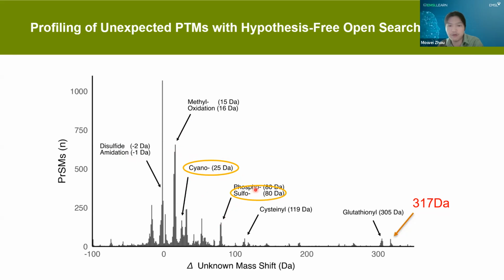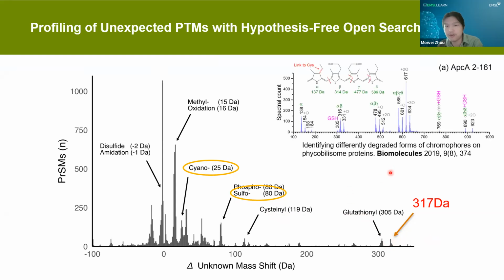Some of them could be phosphorylation, but we also have some spectra suggesting that's actually sulfonation on the serine, threonine, or tyrosine residues. And we also see some cystination, which is also interesting, some glutathione, and also this 317 Dalton mass shift, which I'll focus on in the next few slides.